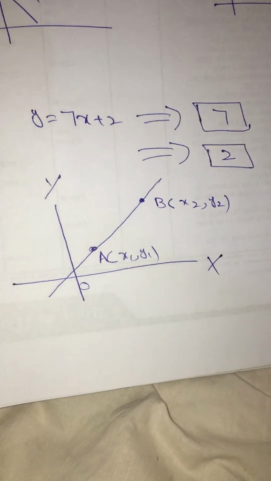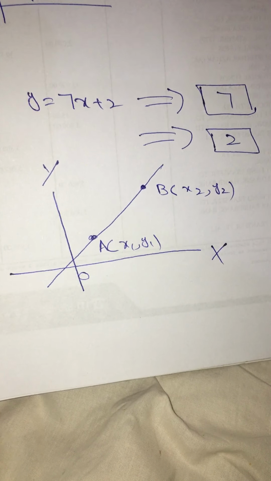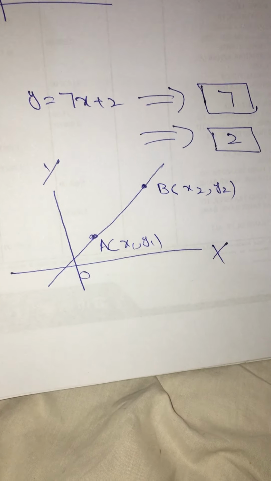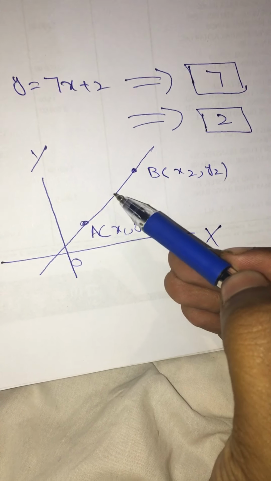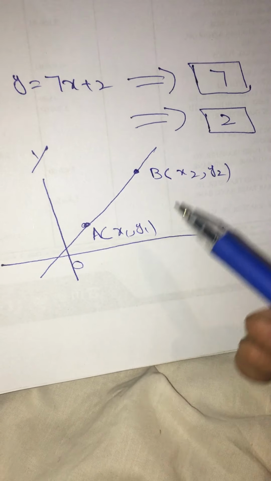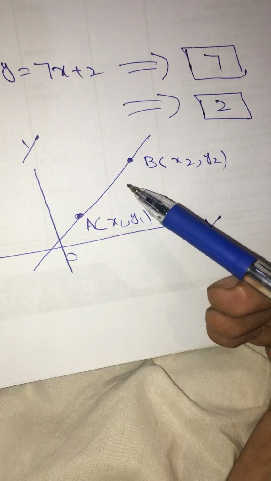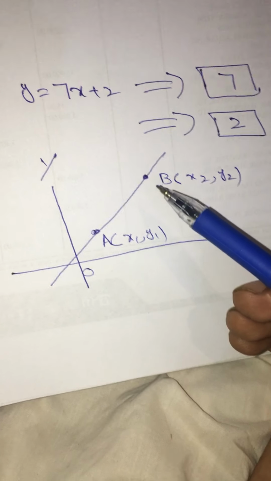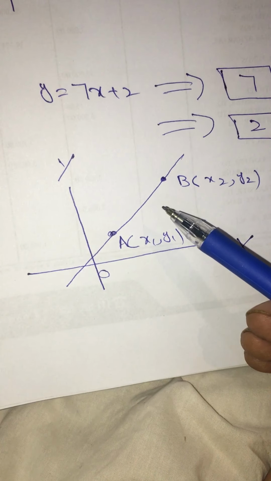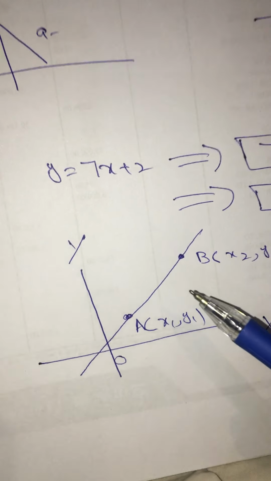Now we have to find the gradient between these 2 points. This is a straight line, so we will call it the gradient of a line passing through 2 points.